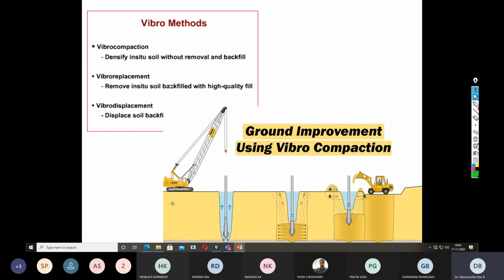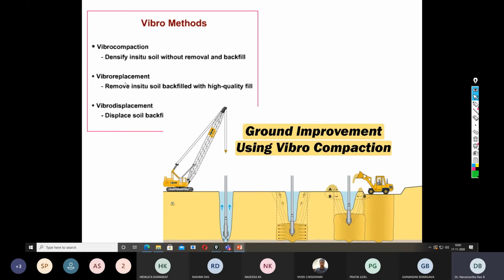So now from this slide, you should understand that when you go for the vibro methods, we can directly compact the soil under in situ condition without backfilling the void which has been created in the ground. Second, we can also create some kind of granular columns. Those are called stone columns, by using the vibroflotation technique.